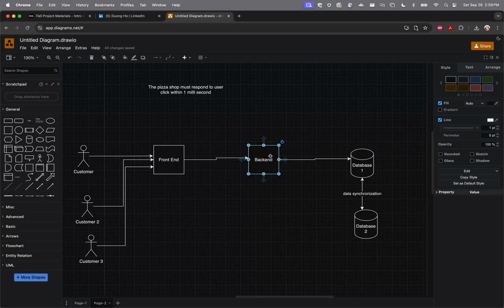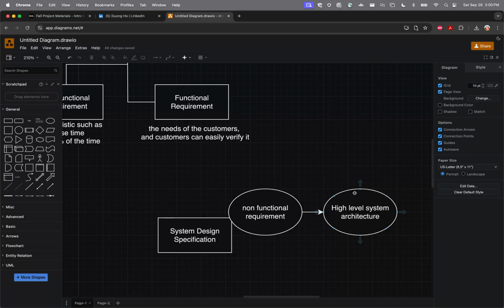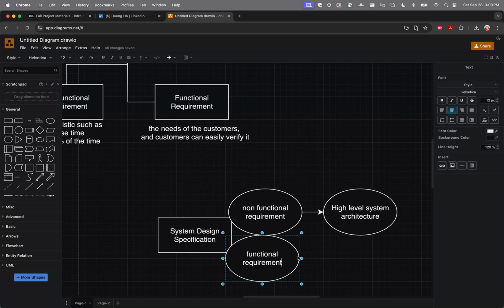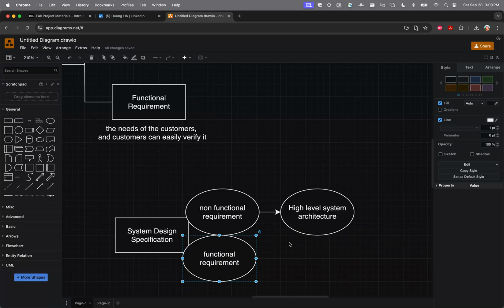So this is an example of how non-functional requirements contribute to the high-level system architecture. And vice versa, your functional requirements will contribute to the low-level system architecture.